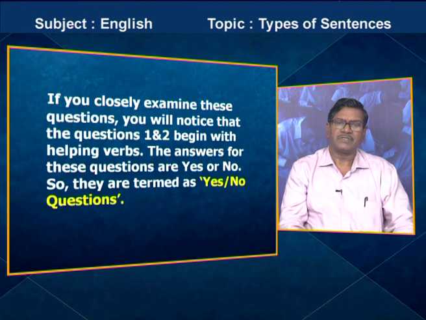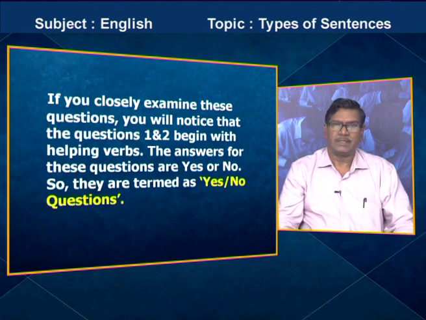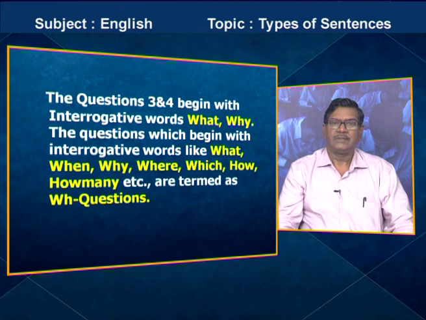So, the first two questions which begin with a helping verb are known as yes or no questions. And the second variety of questions are those which begin with interrogative words like what, why. What are other interrogative words?